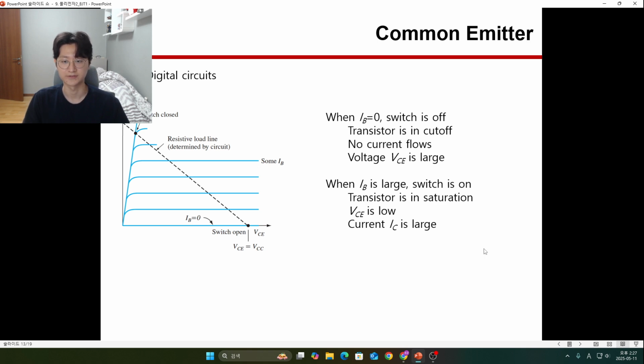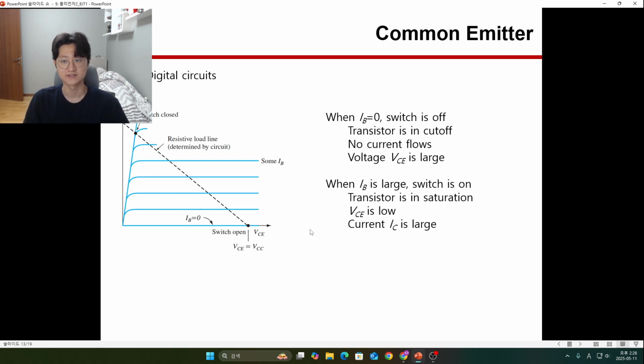This picture is the case where we use a BJT as a digital circuit. We apply zero bias at the input, then the output will be 1, and we apply bias 1 and the output will be 0.